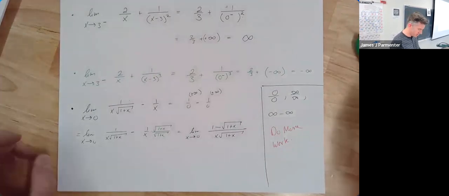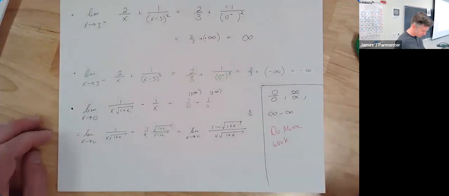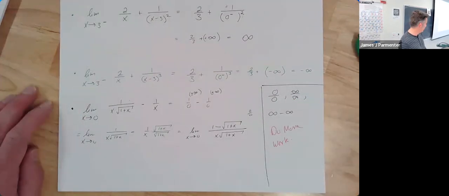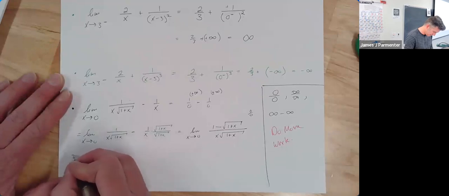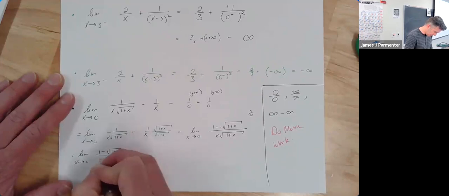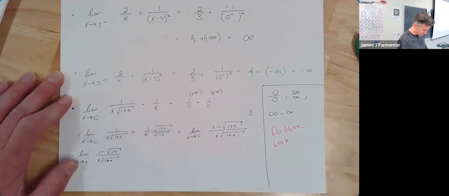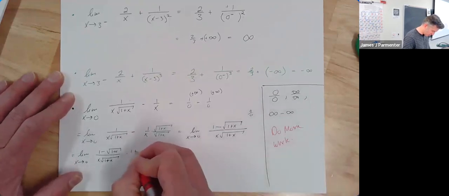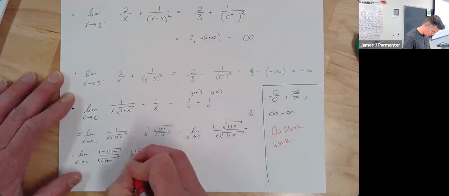I still get 0 over 0, so I keep doing more work. And the work I should do now is, good, excellent: 1 minus the square root of 1 plus x, I'm going to multiply by 1 plus the square root of 1 plus x over 1 plus the square root of 1 plus x, the conjugate.